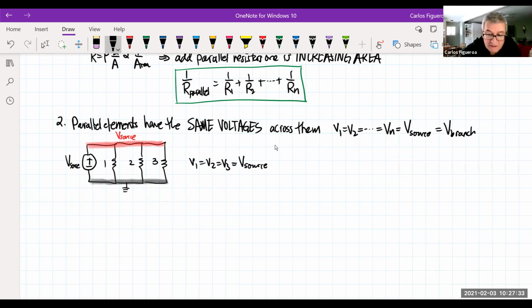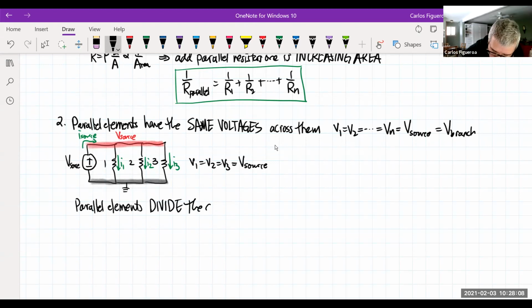Okay, fine. So what does this really tell us? Well, this tells me that I'm going to have 3 currents. There's a current going down here, which is I1, I2, I3, and this is our I source here. So they have the same voltages, but what we find is that parallel elements divide the current.